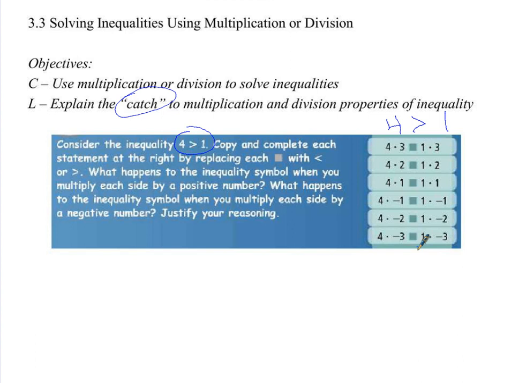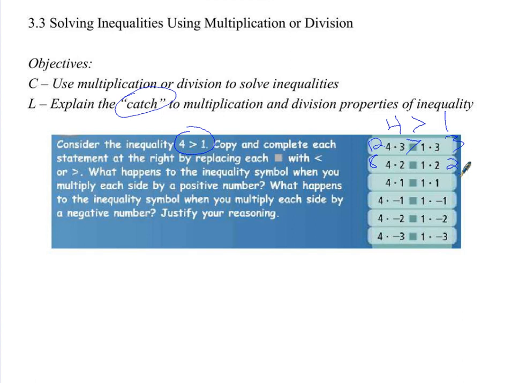So 4 times 3 is 12, and 1 times 3 is 3. So what inequality symbol would I need to put in there? Greater than. 12 is greater than 3, so no surprise. 4 times 2 is 8, and 1 times 2 is 2.